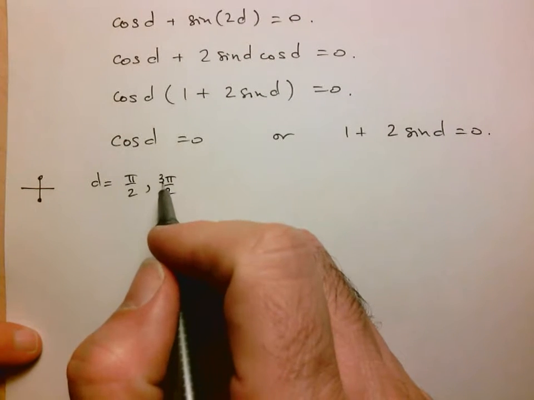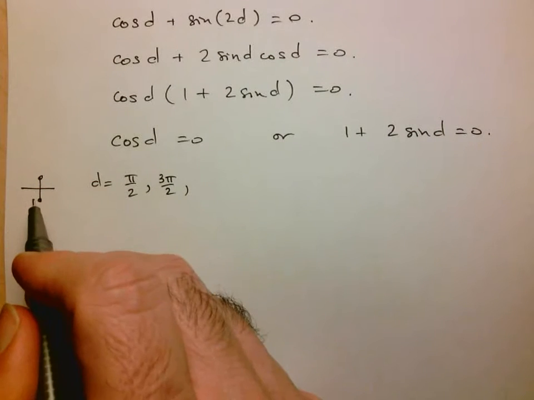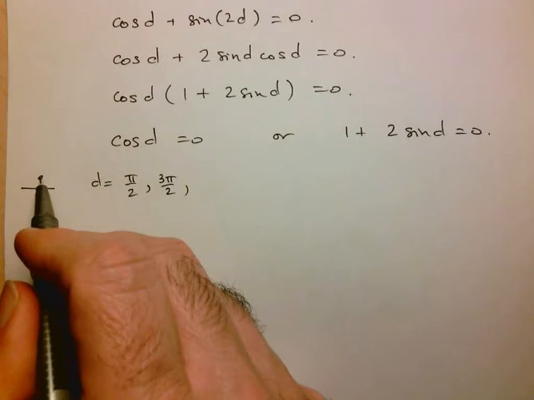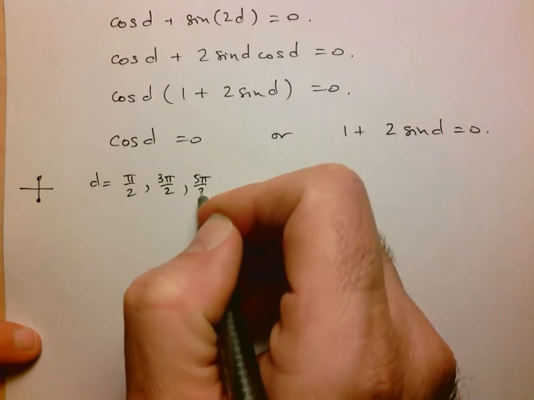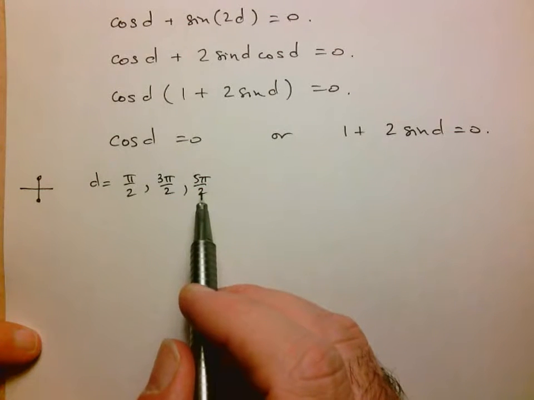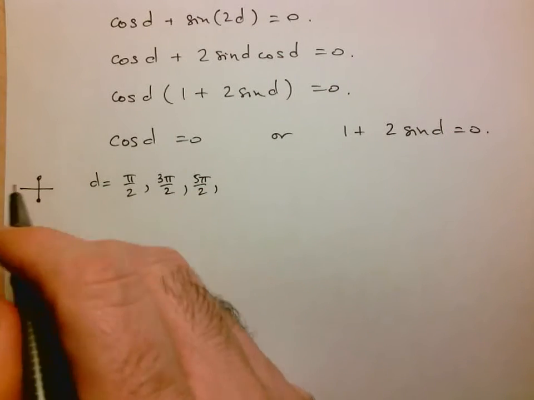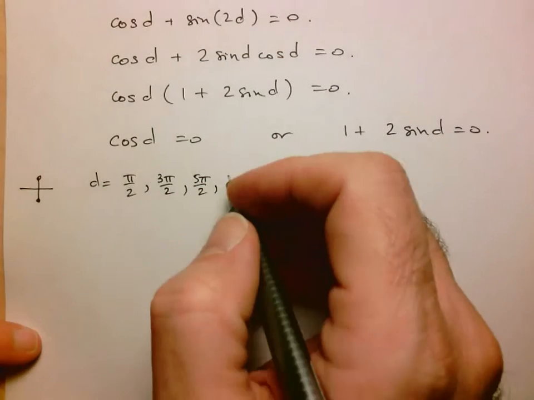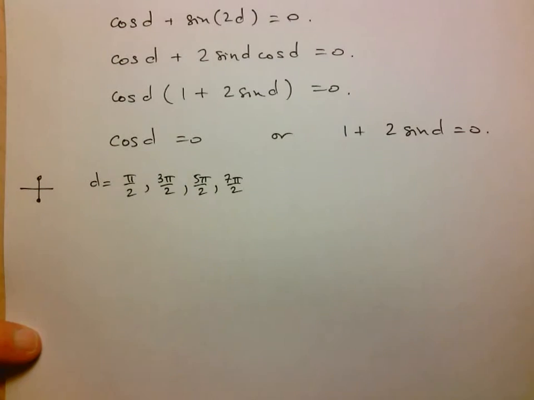Here 3 pi over 2 is like 3 times 3, 9 over 2, 4.5, so that's still good. Next we go 5 pi over 2. Again, this is 5 times 3, 15 divided by 2. It's about 7.5. We're still within the 10 meters. Next we'll go 7 pi over 2.